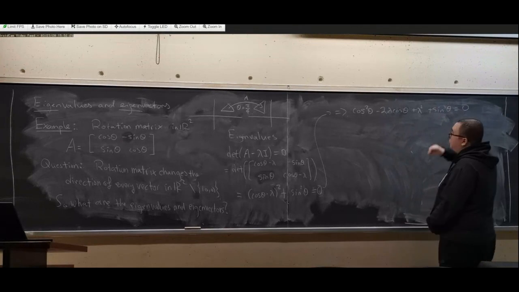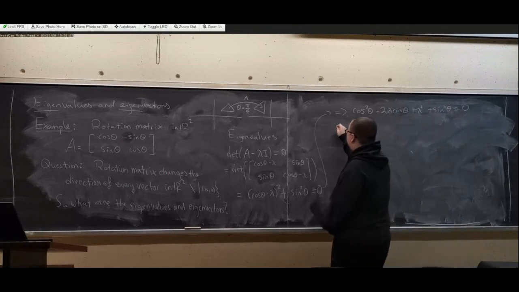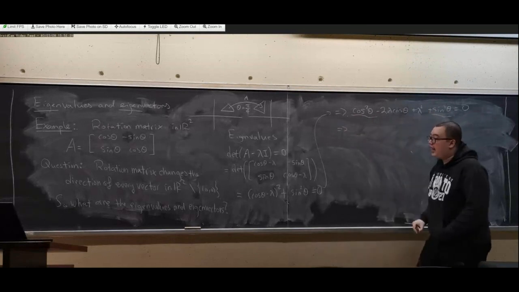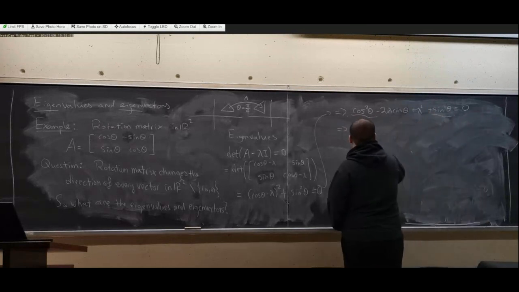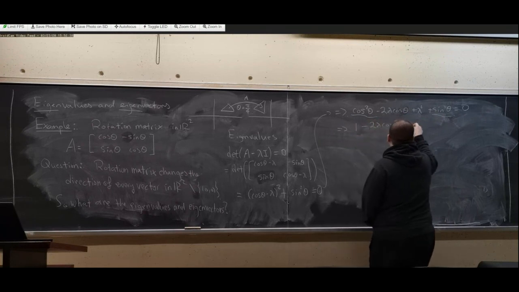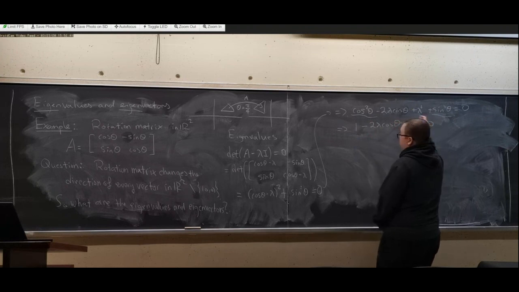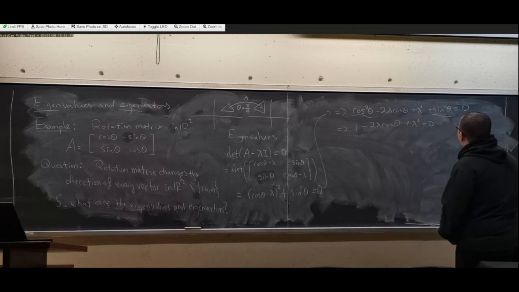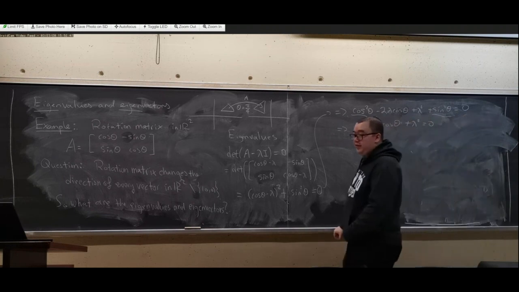This equals 0. I have cosine squared here, I have sine squared here, add them together, I get 1. So it is 1 minus 2 lambda cosine theta plus lambda squared. This equals 0. Is there any more simplification we can do? Nope, no more simplification we can do.